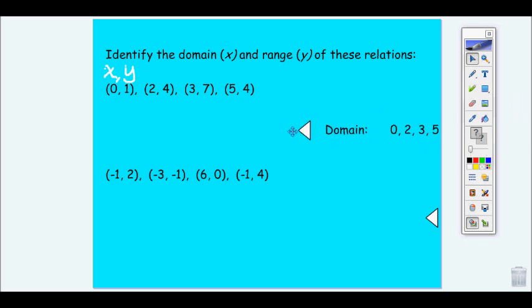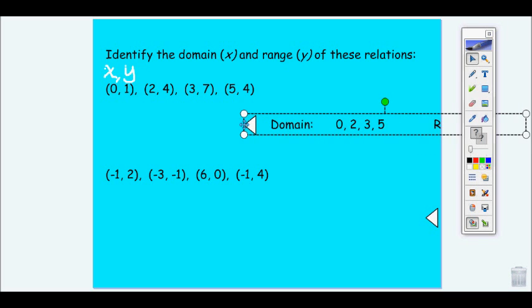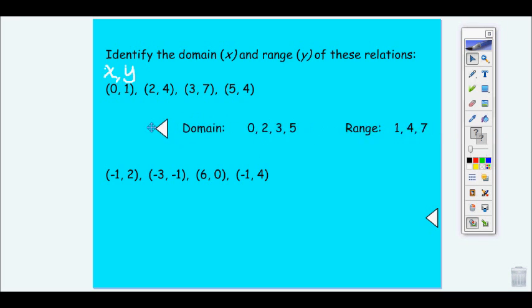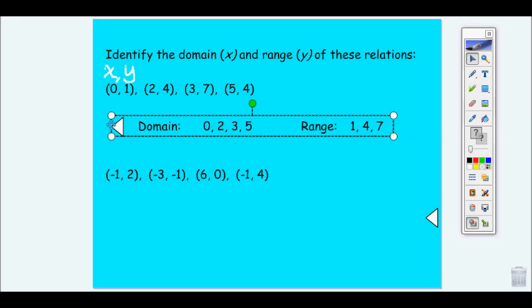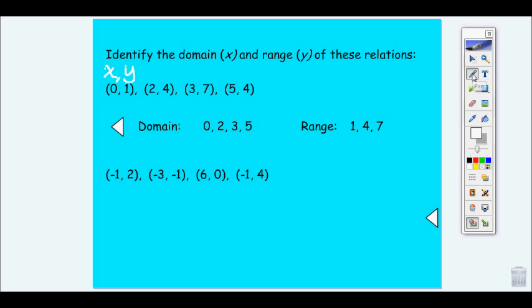Then my range would be the y coordinate point. And you notice that there is a repeat there. We have two 4s. There is a 4 in this y and a 4 in this y. So I don't have to say them twice. And I do again put those in numerical order.